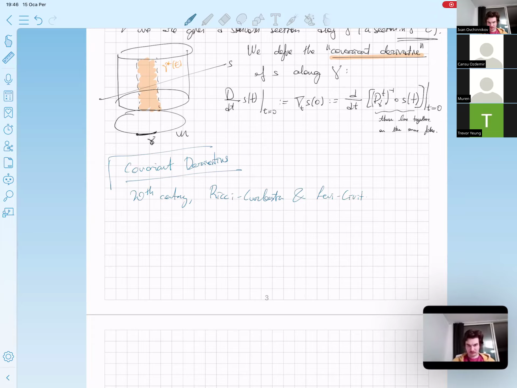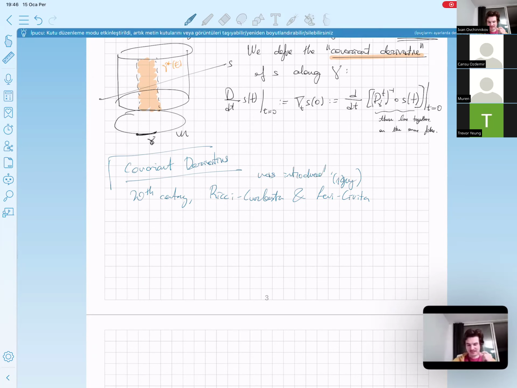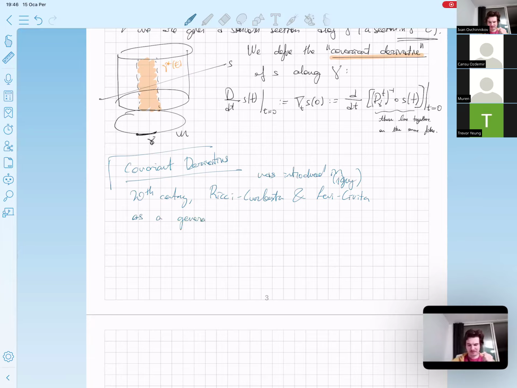I always thought Levi-Civita was two people. Apparently it's one. It's not two people. That's one guy. They were introduced as a generalization of the directional derivative.